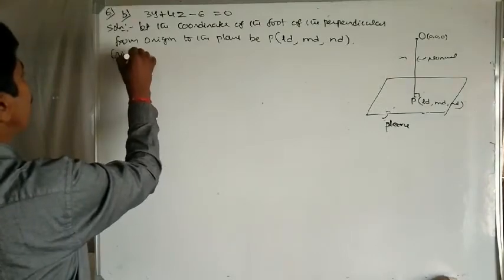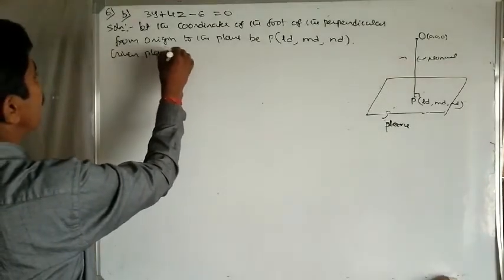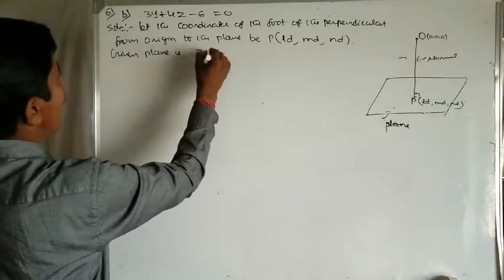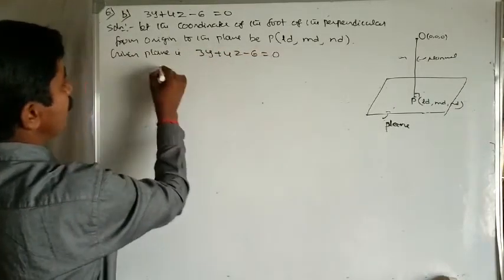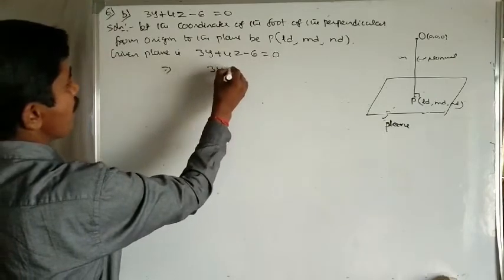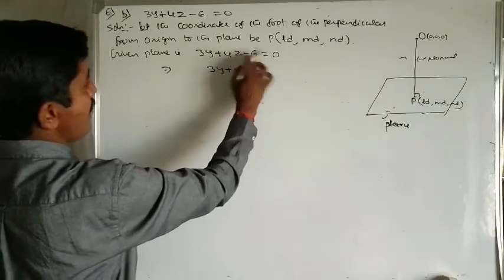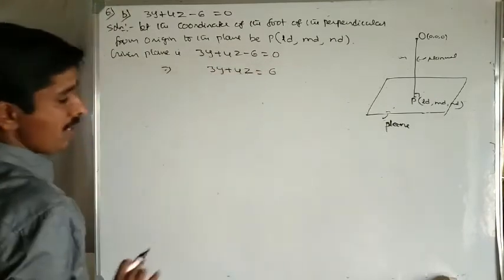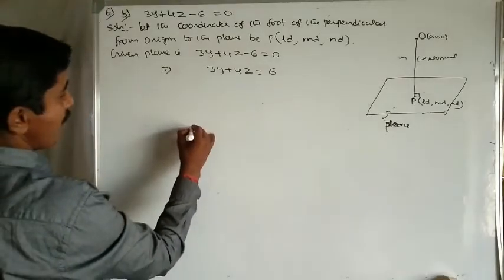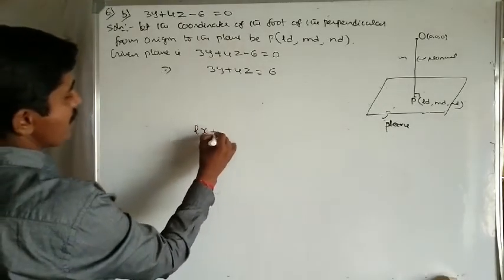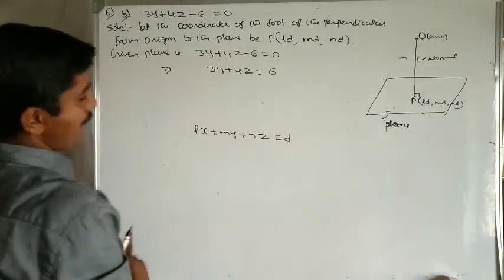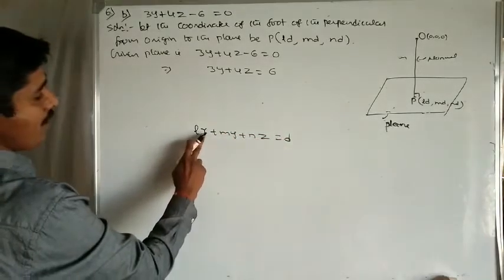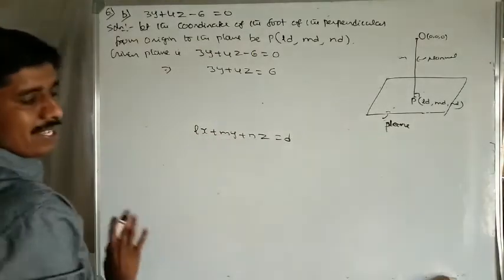Given plane 3y plus 4z minus 6 is equal to 0. Taking the 6 to the right side, it becomes plus 6. I am going to express it in this form Lx plus My plus Nz is equal to D. In this standard form, the XYZ terms lie on the left side.